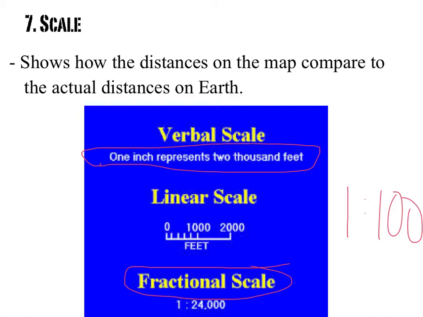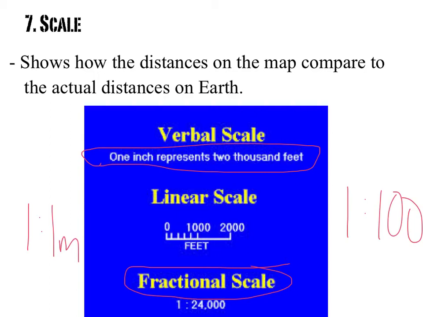If the fractional scale was 1 to 1 million, then if you marked off 1 foot of that map, in real life it would represent a distance of 1 million feet, which is covering a pretty big area.